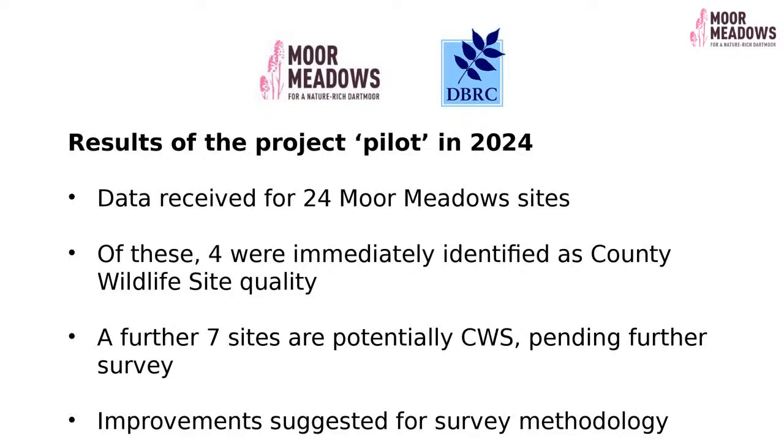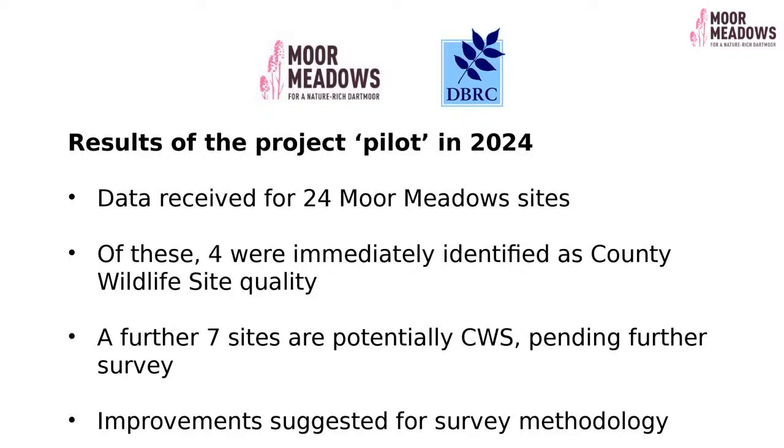And I don't want to extrapolate that data too much because it's only a very small sample, but if we took that as an indication, it could be there's an awful lot of very high quality meadows out there that aren't known about. And that's really, really exciting. It could mean that there is a wildflower grassland resource out there in Devon, which could make a really, really big difference for nature.